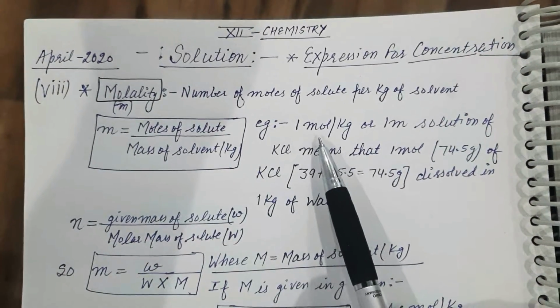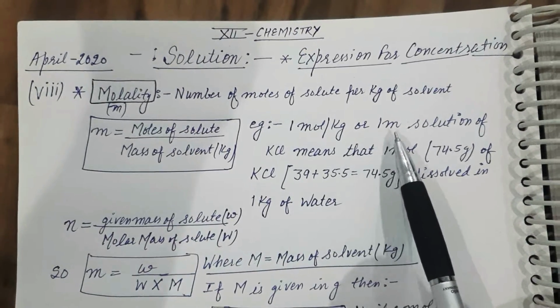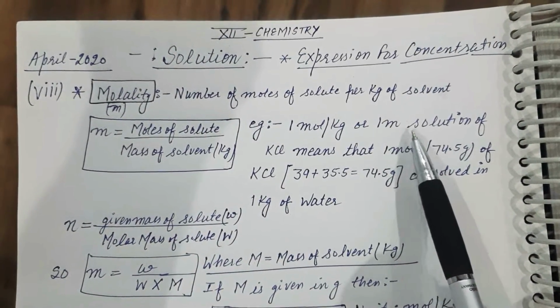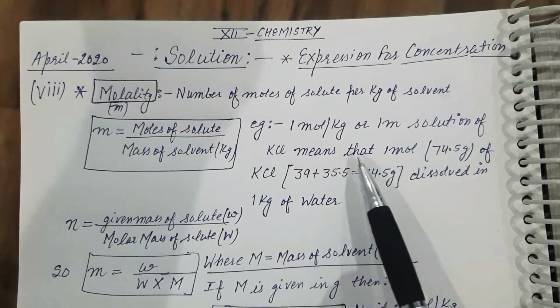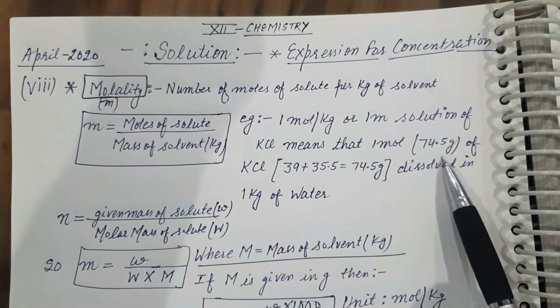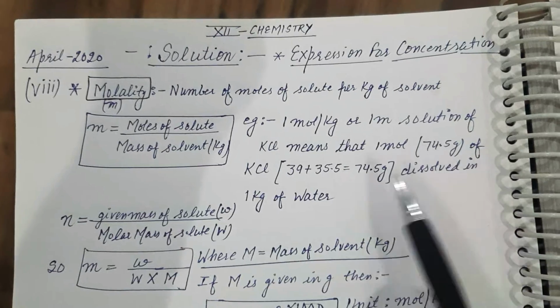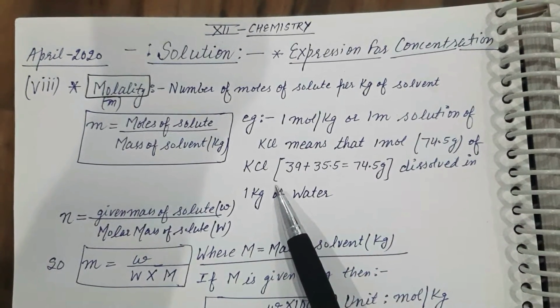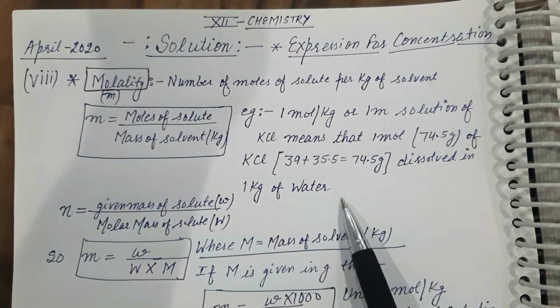For example, a 1 molal solution of KCl means that 1 mole, that is 74.5 gram of KCl, potassium chloride, is dissolved in 1 kg of water.